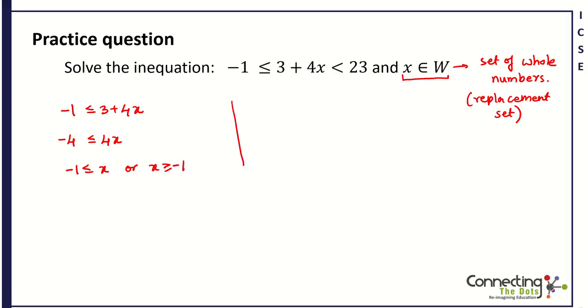That's the first condition. The second condition is 3 plus 4x is less than 23, which means if you subtract 3 from both sides, you get 4x is less than 20 and x is less than 5.